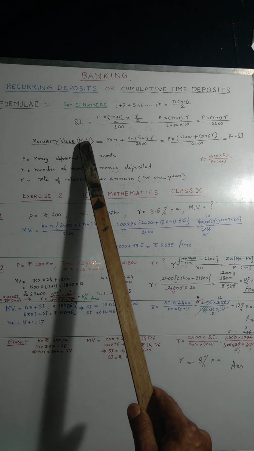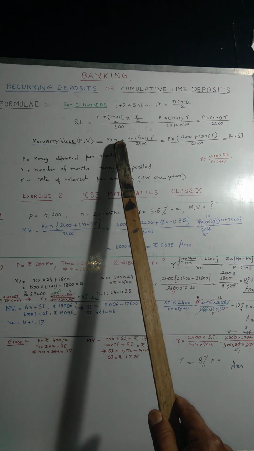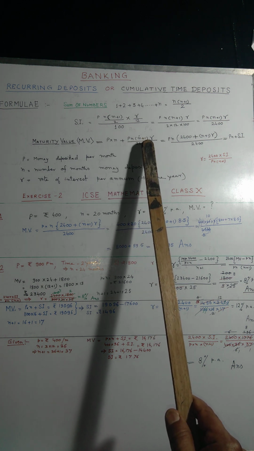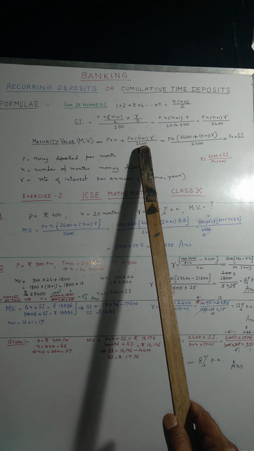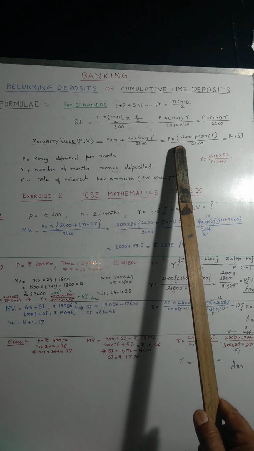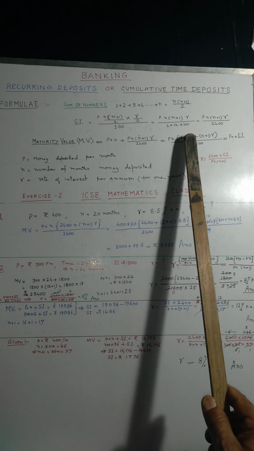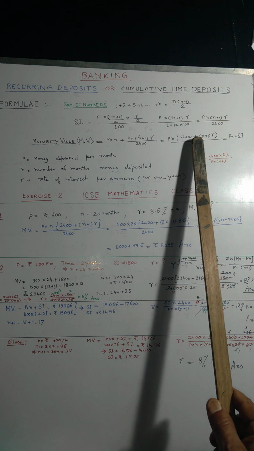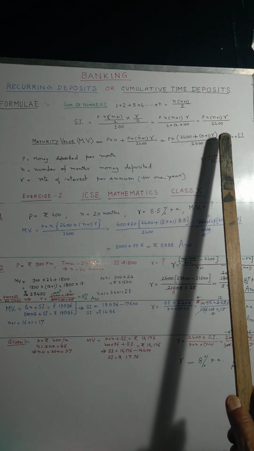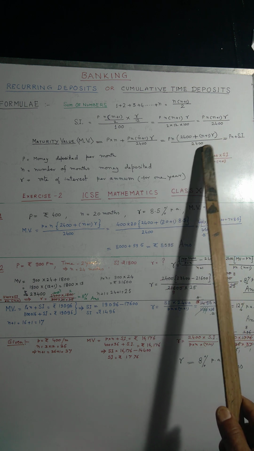Now the maturity value, that is MV, will be equal to P into n plus Pn(n plus 1) into R by 2400. This is the simple interest. So it can be further reduced to P into n(2400 plus (n plus 1) into R) whole divided by 2400.